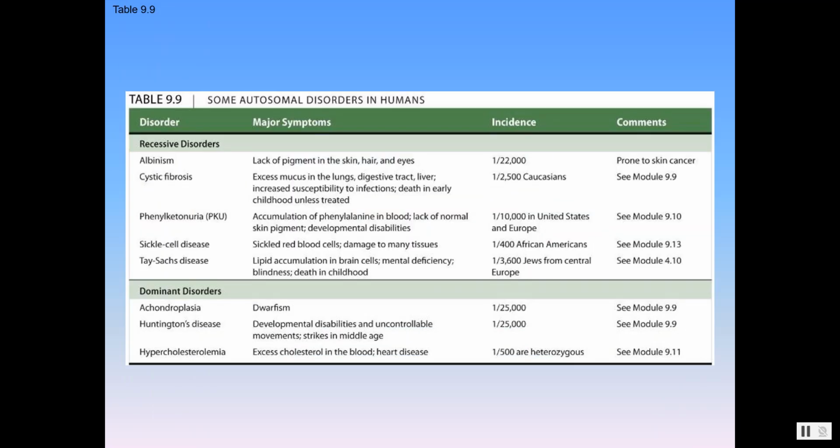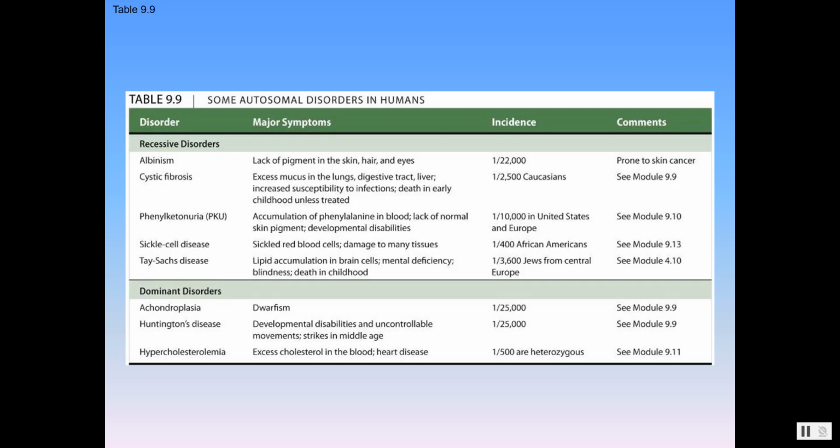So here we have some autosomal disorders, recessive and dominant disorders in humans. Albinism, cystic fibrosis, and sickle cell disease are going to be our more common or prevalent recessive disorders. Achondroplasia, Huntington's disease, and hypercholesterolemia are going to be some of our more prevalent dominant disorders.